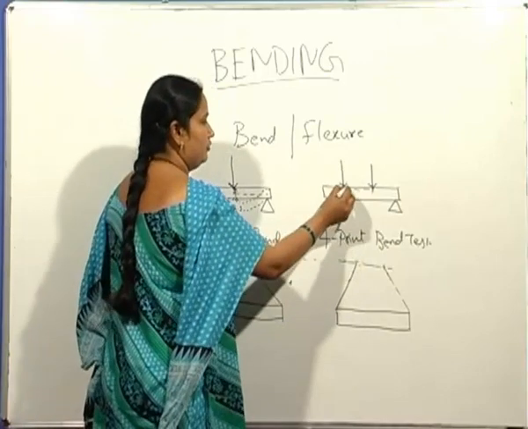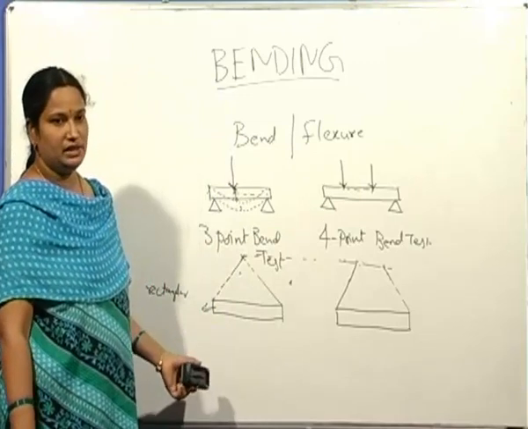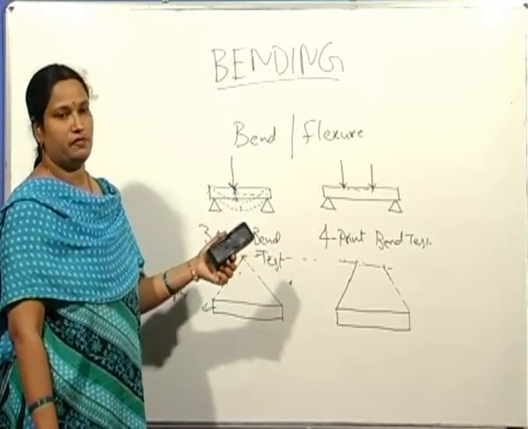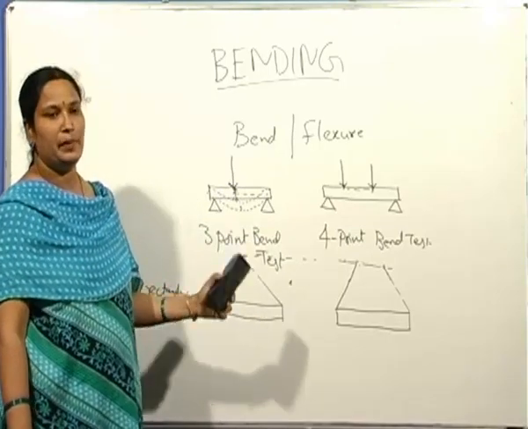For the 4-point bend test, the modulus of rupture is slightly lower than for the 3-point bend test.